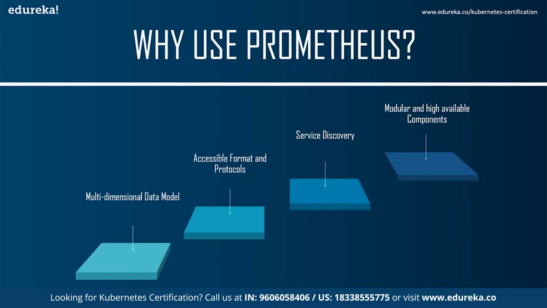Traditional monitoring tools are not designed to handle this. Now the question that arises is, why is Prometheus the right tool for containerized environments like Kubernetes? These four characteristics made Prometheus the de facto standard for Kubernetes monitoring. The first one is its multidimensional data model. The model is completely based on key value pairs, similar to how Kubernetes organizes infrastructure metadata using labels.